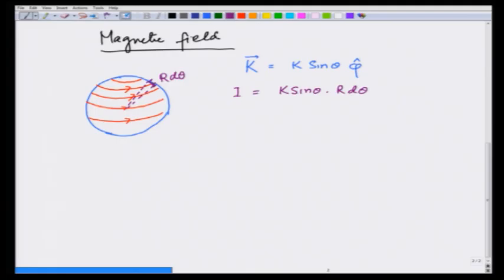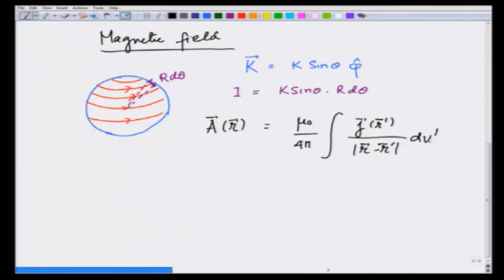In any case, I want to now calculate the vector potential for this. By definition, the vector potential A(r) will be equal to mu naught over 4 pi integration J(r prime) over |r minus r prime| dV prime. I could write J for this, since this is confined to the surface, as K sin theta delta of r minus R, where R is the radius of the sphere, in the phi direction.